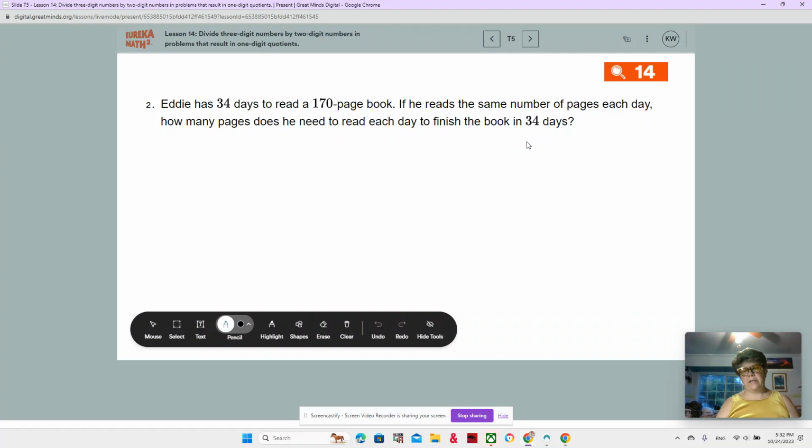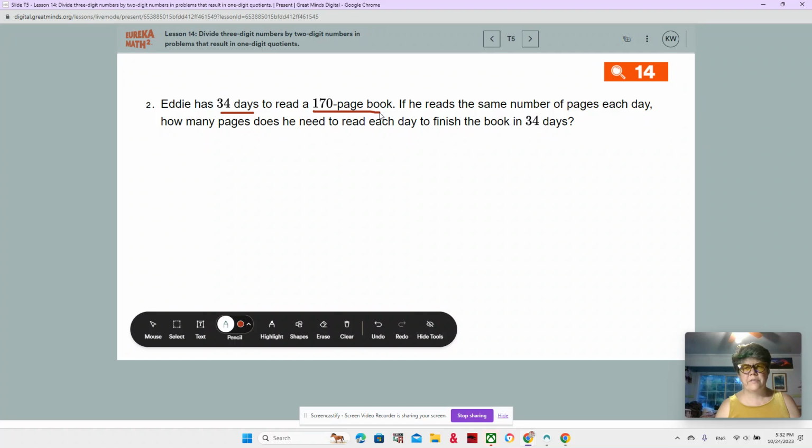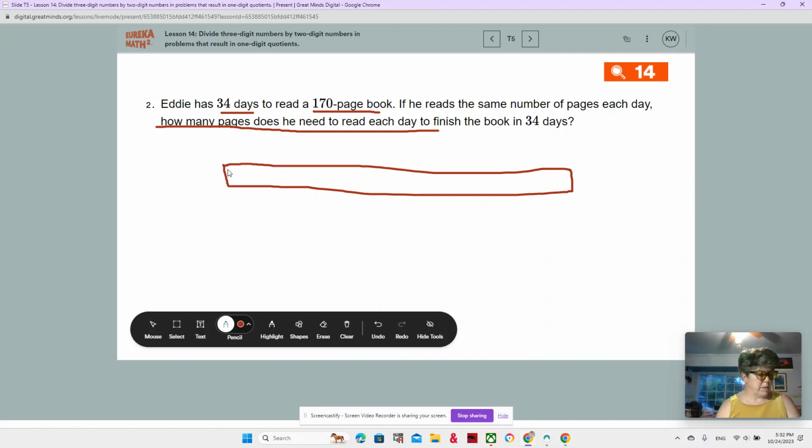Okay, so he's got to finish this book in 34 days. He knows that. And so he has 34 days to read 170 pages. He's going to read the same number of pages every day. How many does he need to read each day? Okay, so let's start with a tape diagram. Now, the tape diagram is going to represent our 170 pages, because that's where we're breaking into parts, right?